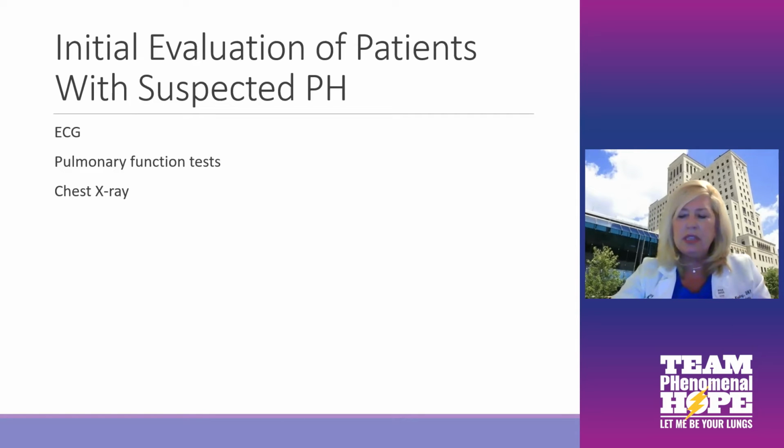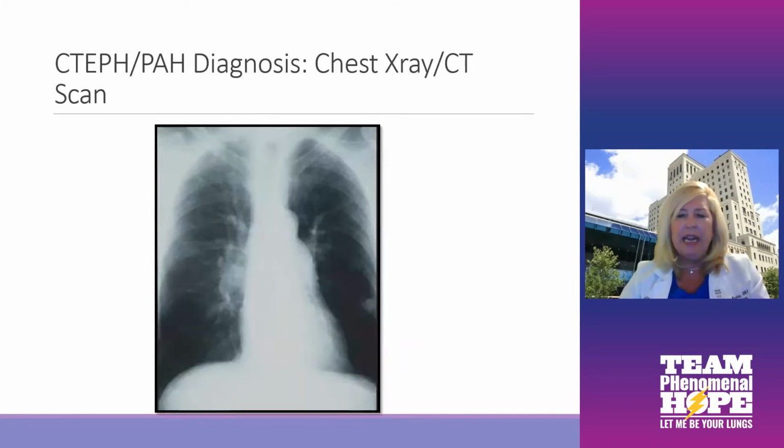And then of course, the chest x-ray. And this is a chest x-ray of a patient with PH. You can see it's a little bit enlarged. You can see the bump about a third of the way down is the pulmonary artery, and that's pretty enlarged. If you would turn this patient from the side, there would be a lack of airspace in between the breastbone or the sternum because the right side of the heart kind of occludes that.